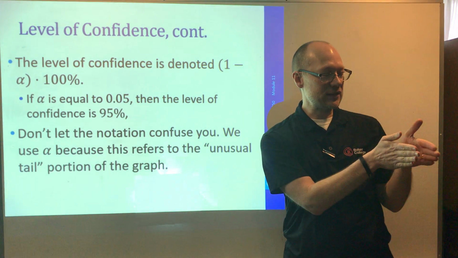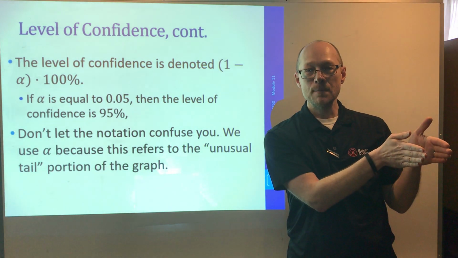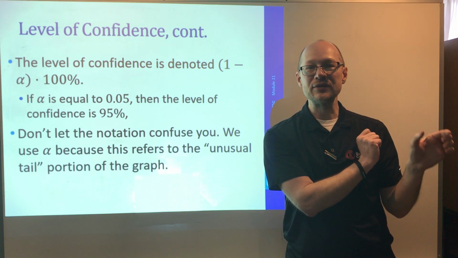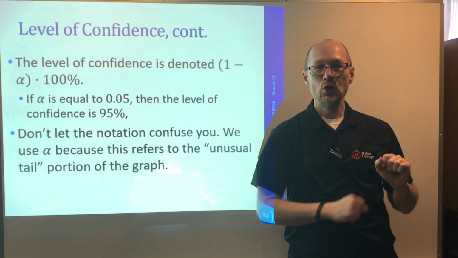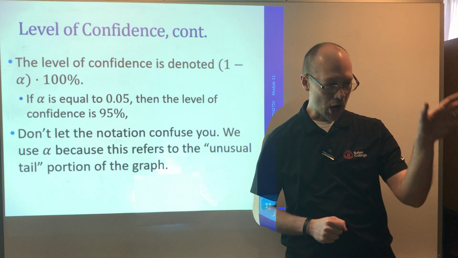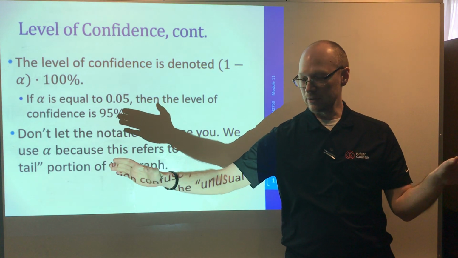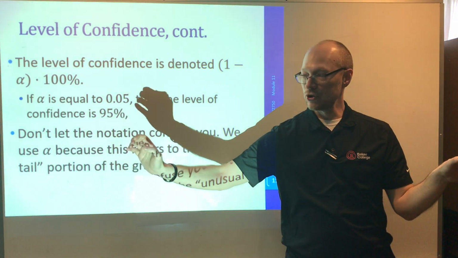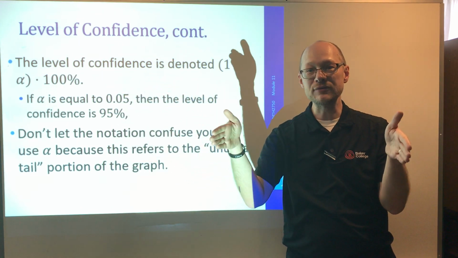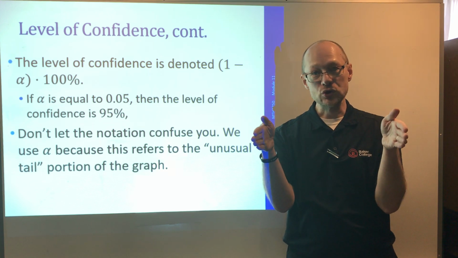And that 5% in the tail could be down to 1% or 10% or 2.5%. Different things like that. So we use the alpha to represent that tail size. Well, let's say we've got 2.5% of unusual on this side and 2.5% in the tail on this side. 2.5 plus 2.5 is 5%. That leaves 95% in the middle of what I would consider usual.